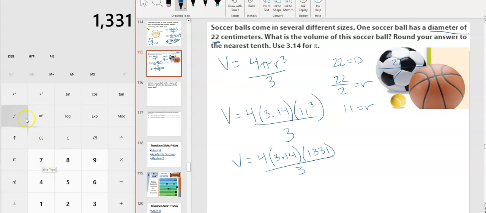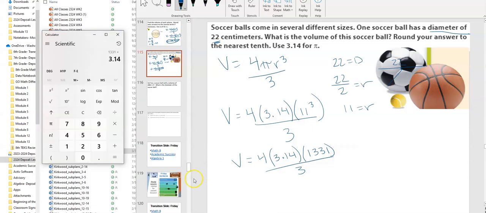Okay, we're going to now multiply this out and solve. And we are going to get a very large number.